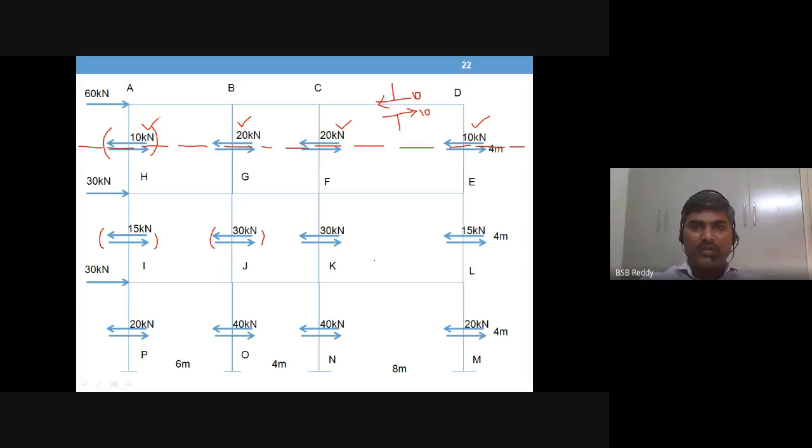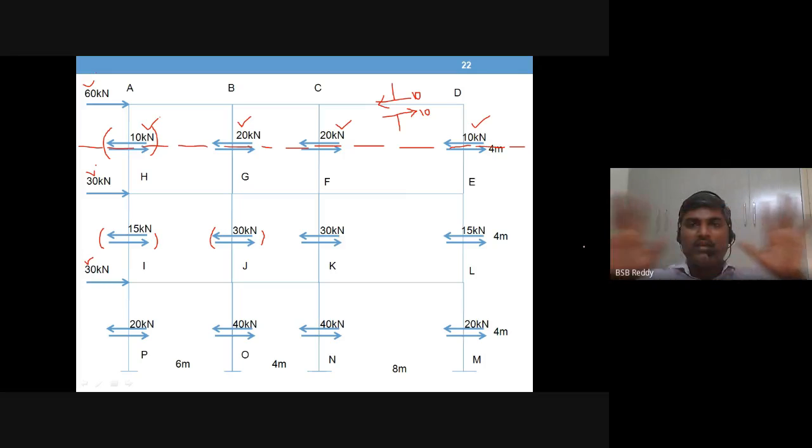Just draw one empty frame with the given loads, 60, 30, 30, likewise the spans and the notations A, B, C, D. Draw a big one, so that if you post all 5 steps' answers into that diagram, it won't be clumsy.